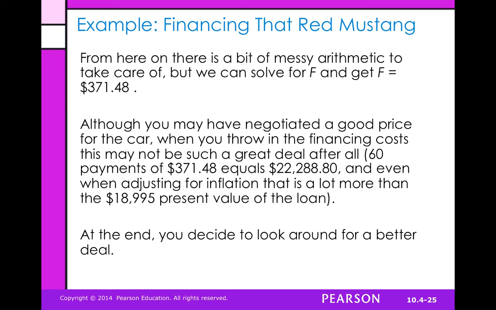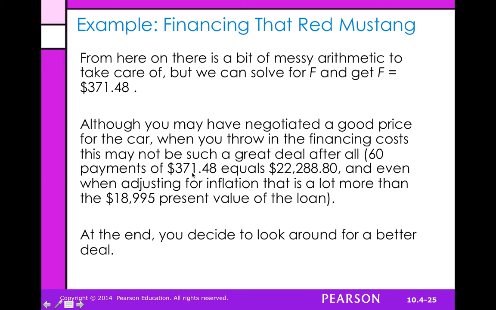Okay, so remember, we borrowed 18,995. We're going to pay that amount off over 5 years at an interest rate of 6.48%. To do that, we must pay the dealership about $371 every month. So even though you may have negotiated a good price for the car, when you throw in all of the interest, which again in the auto loan world is sometimes called financing costs, this might not be such a great deal after all.